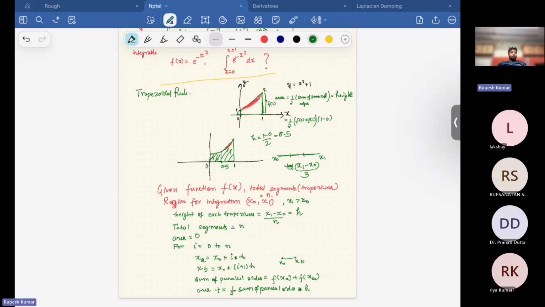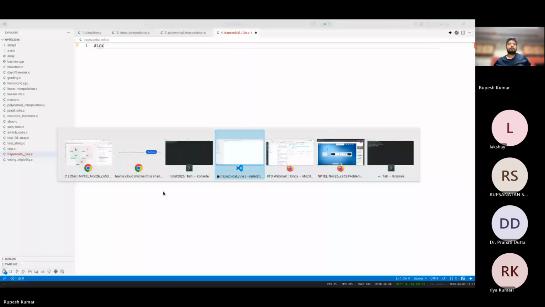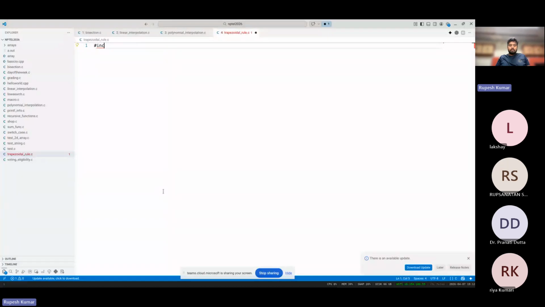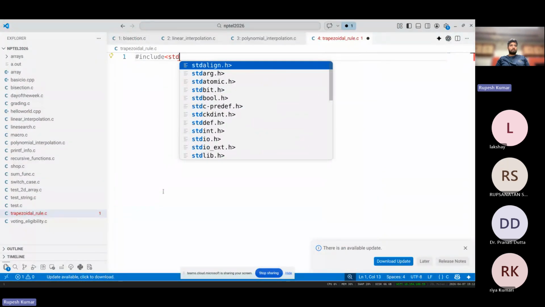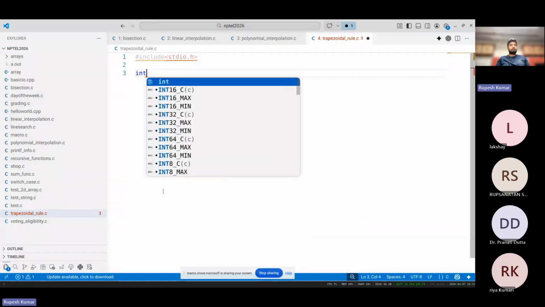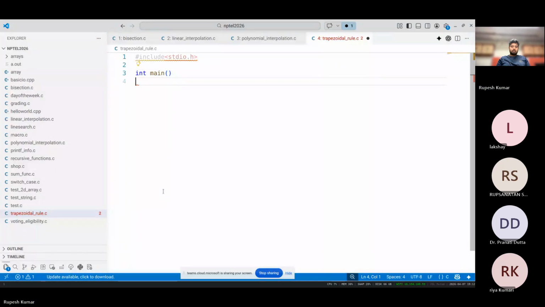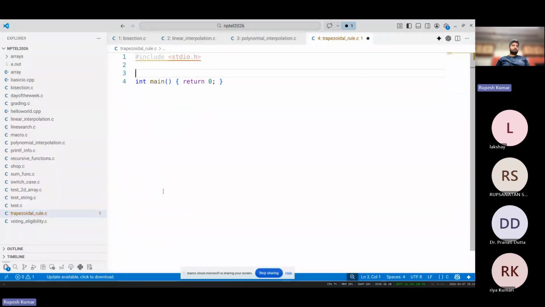So let me share my screen. Right. So I'm going to write my code, hashtag include standard IO, right? And then my main function, and then return 0. So these are the basic functions.